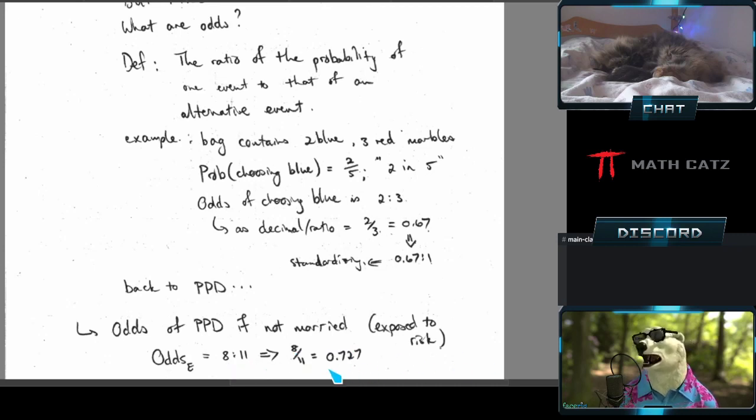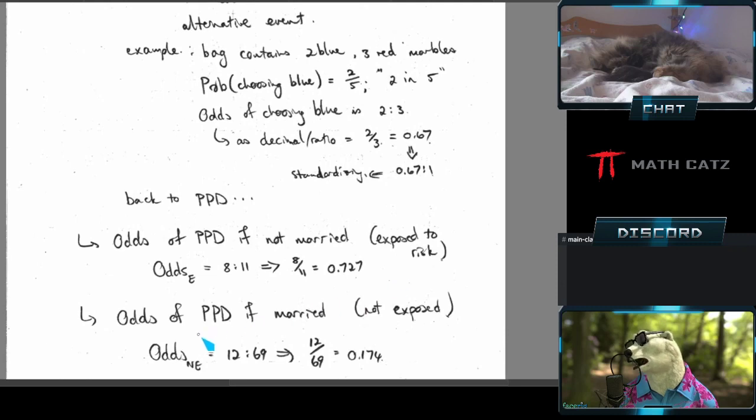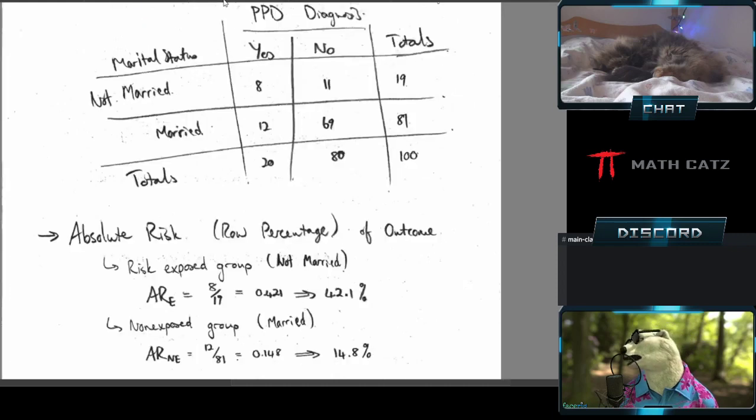Let me stress, that is not the probability. Decimal is simply because I want to present the odds as a single number, not this 2 to 3, 8 to 11. Standardized version of the odds. So the odds will be 8 to 11 or 0.727 to 1. Okay. The odds of having postpartum depression if married is then, of course, based on my table here, 12 to 69.